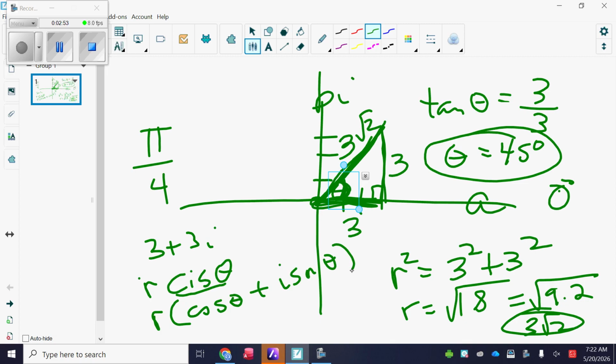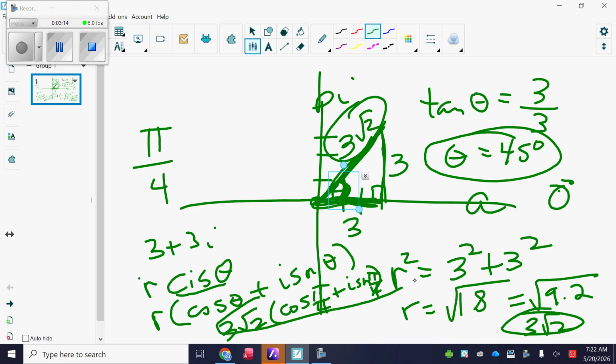So the r is 3 radical 2, that's this number, and the theta is 45 degrees, what you would call pi fourths because of the problem. Let me see if I can fit that in. So that's the answer you're looking for in the question that Randy sent me.